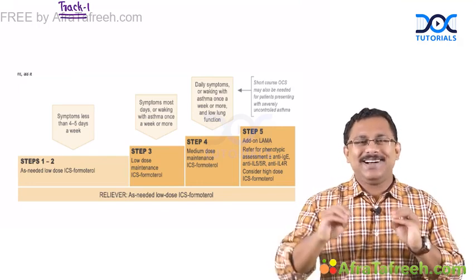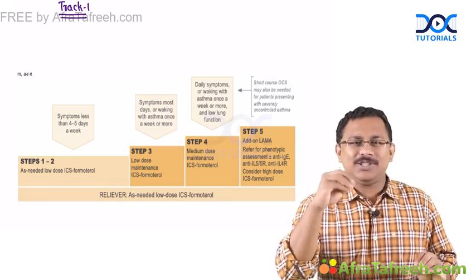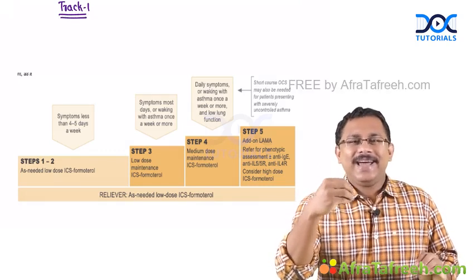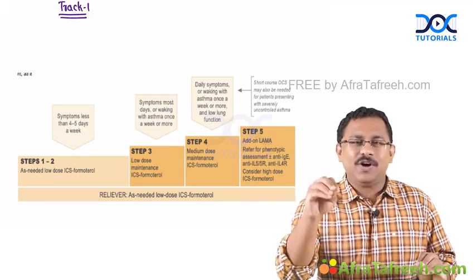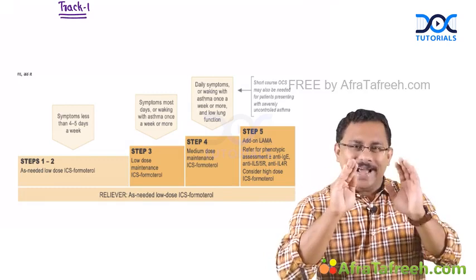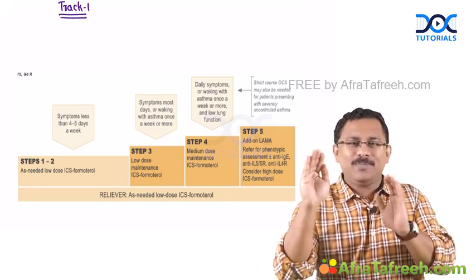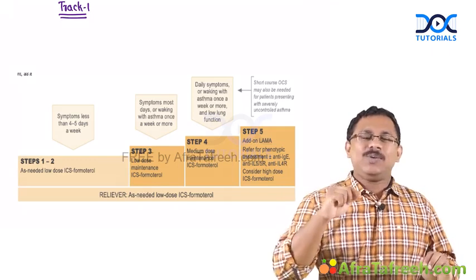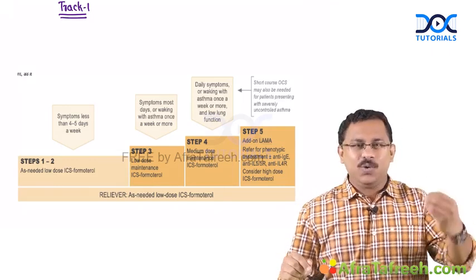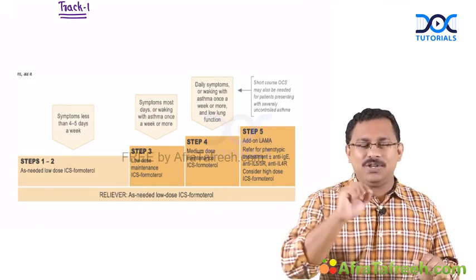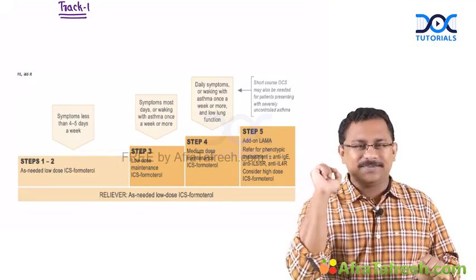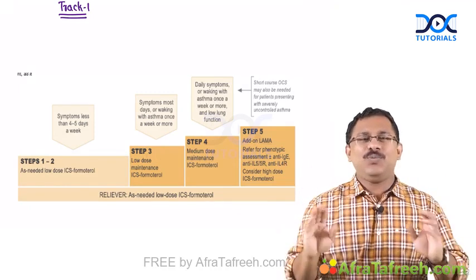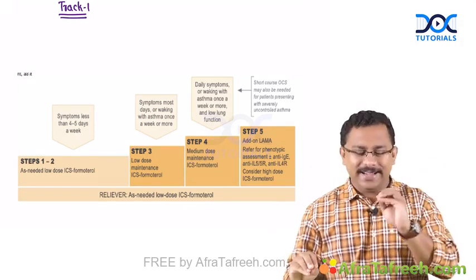One is a reliever treatment, that is whenever a patient is having an exacerbation of asthma, you have got to relieve the symptoms. So there has got to be a reliever treatment in each track, as well as you have got to have a controller or a maintenance therapy also in each of the tracks. So that is common between both track 1 and track 2.